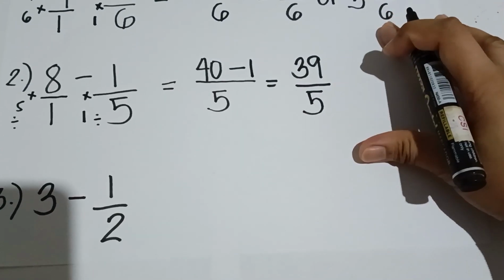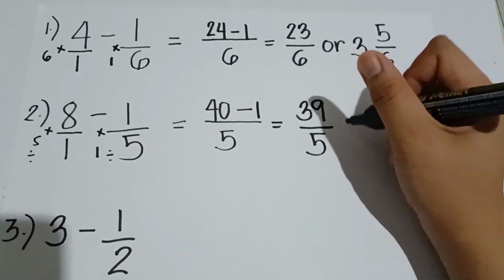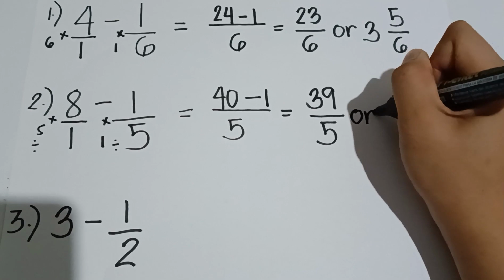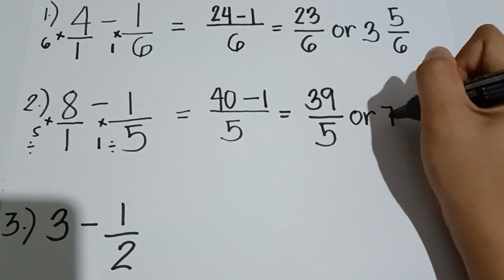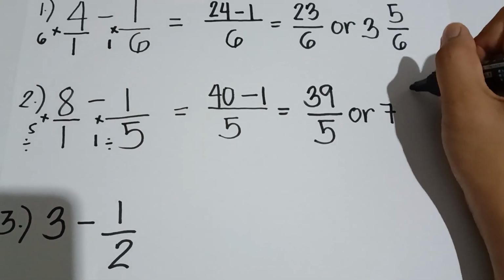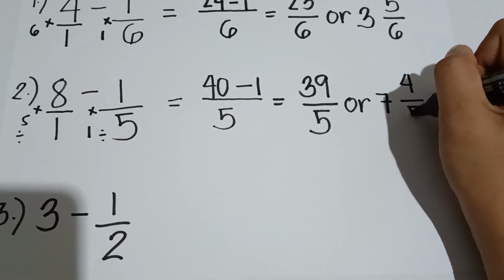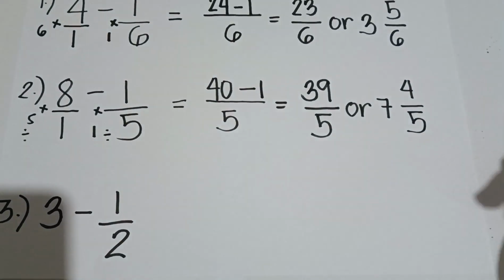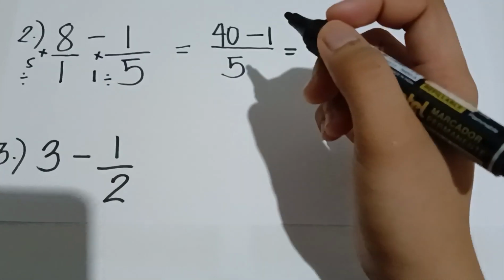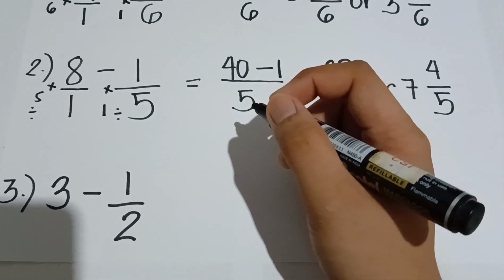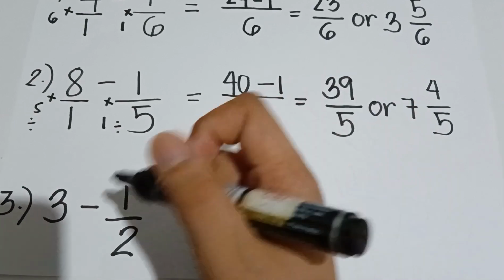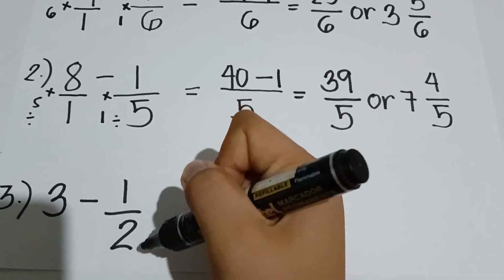Now, how many 5s are there inside 39? There are 7. 7 times 5 gives us 35. How many are left in the 39? We have 4. That is your numerator. Then you copy the denominator. So the answer is 7 and 4 over 5.